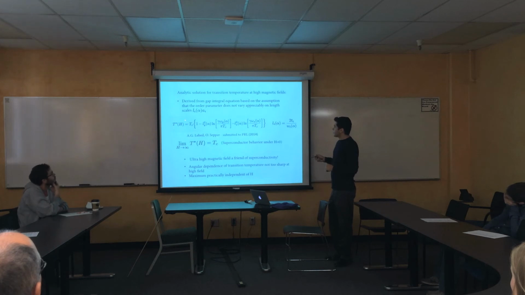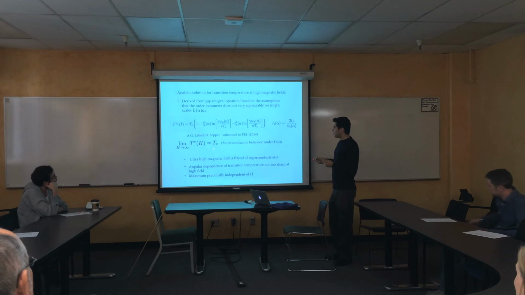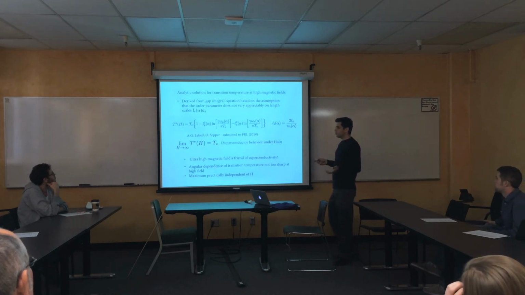So we obtain an expression for the transition temperature as a function of magnetic field. And one of the properties here is that if we take h to infinity, we get T equals Tc. Which means infinitely high magnetic field is the same as no field at all.